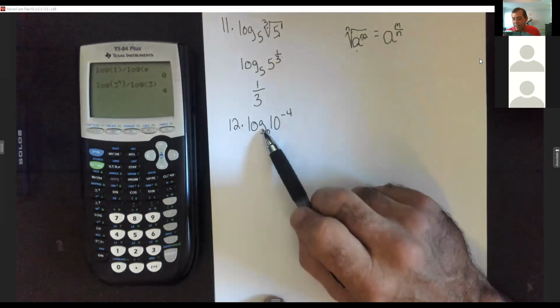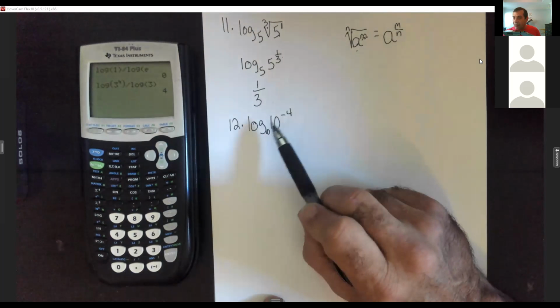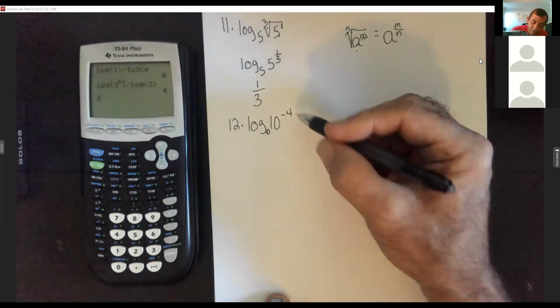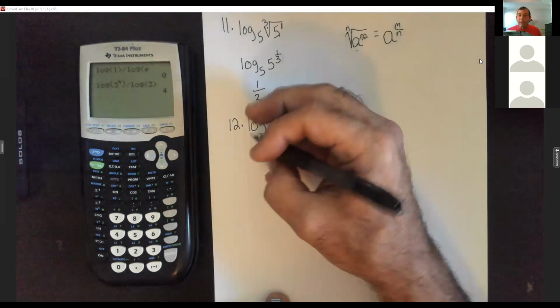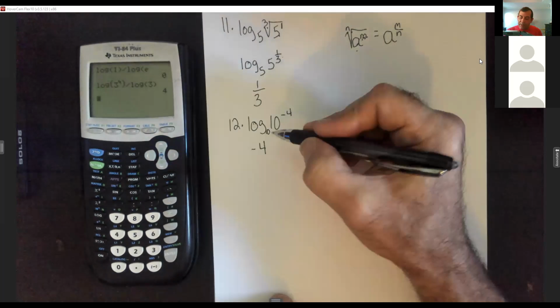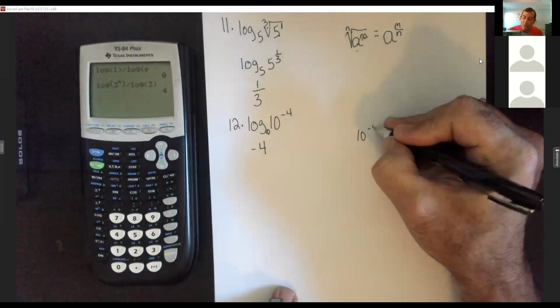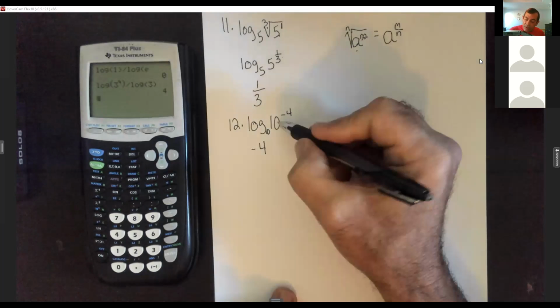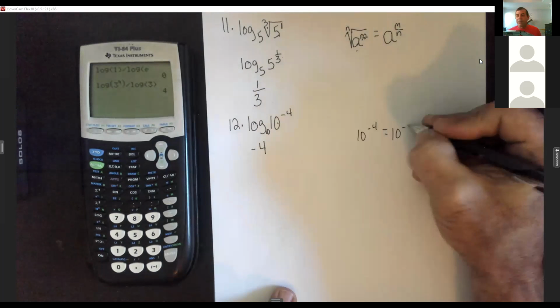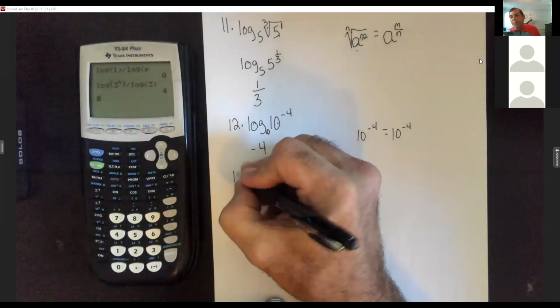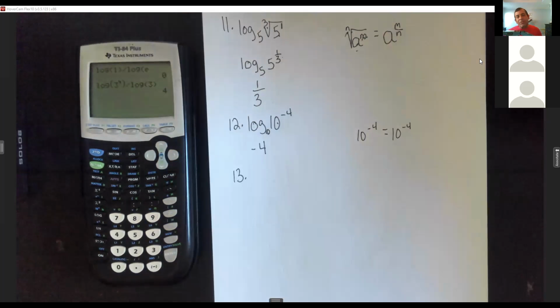So I got a base 10 that matches the base of that result. So the answer is automatically going to be that exponent of a -4. I would raise this 10 to an exponent of -4 to make it look like my result of 10 to a -4. Some of these ain't bad, y'all, and then some of them, they're going to try to get tricky on you.